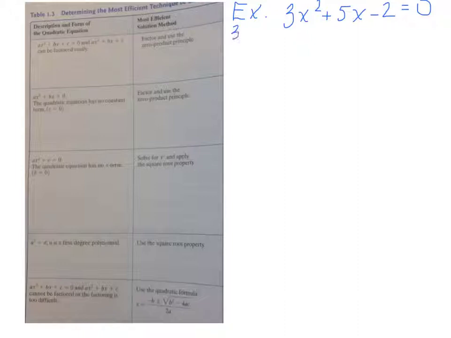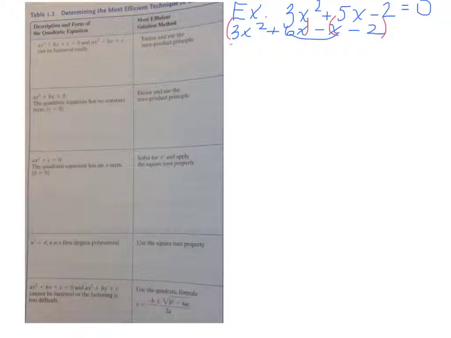So that'll be positive 6x and negative 1x. And what we're going to do is grouping. So I'm going to group these two and these two.